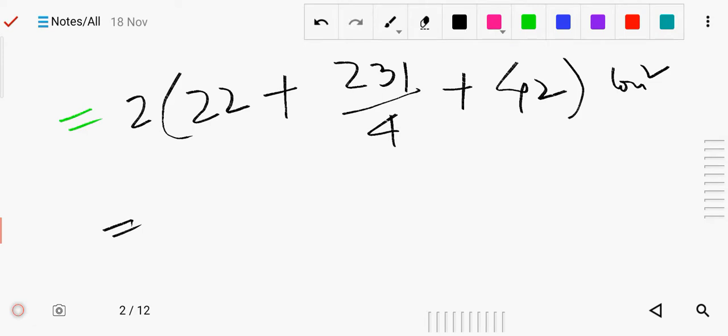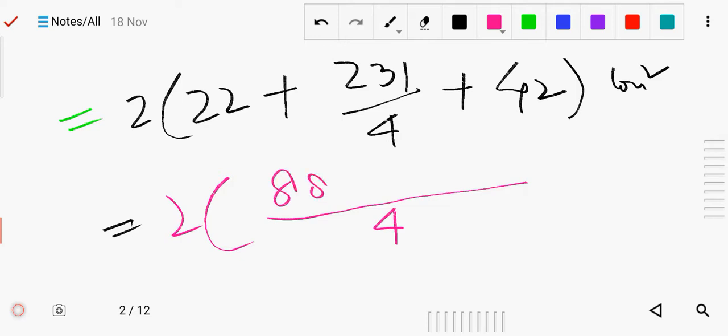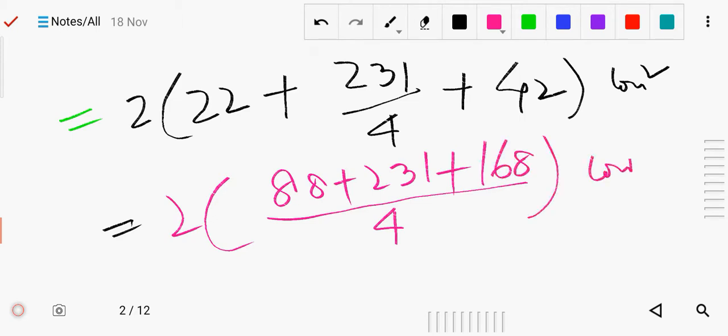Now, because we are following the BODMAS rule, whatever is inside the bracket we have to solve first. So now we will take the LCM, which is 4. So 22 into 4 is 88 plus 231 plus 42 multiplied by 4 is 168, centimeter square.